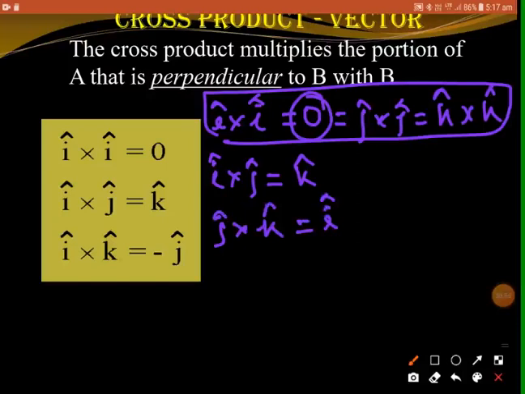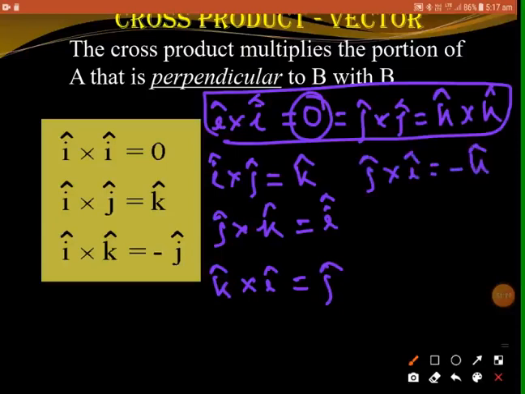If you take the cross product of k cap cross i cap, then this will be equal to j cap. Okay, if you change the order, that means if you take j cap cross i cap, then this will be equal to minus k cap.